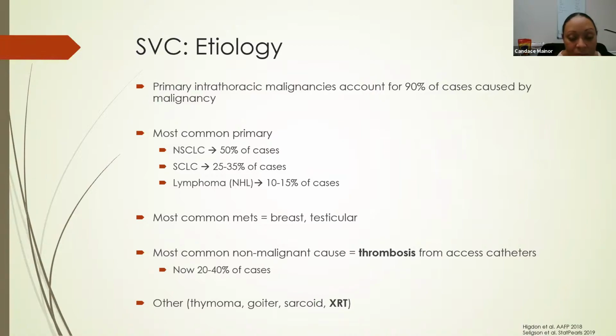Now, those are the most common primary causes of SVC. Other malignancies, such as breast and testicular, when they metastasize, can also cause SVC syndrome. Other non-malignant causes of SVC syndrome include thymoma, goiter, sarcoid, and radiation, particularly patients who have had radiation several years prior, and they could have fibrosis.